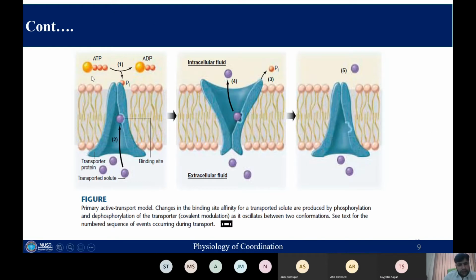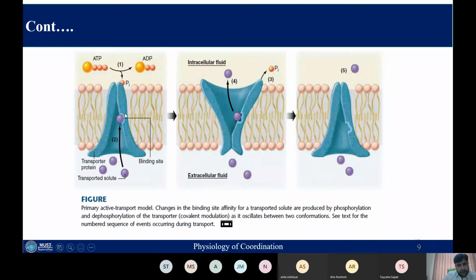Here you can see that in this process ATP is directly involved, and in the first step the ATP is hydrolyzed and converted into ADP plus inorganic phosphate. That inorganic phosphate will be added to the surface of the transporter protein, and hence phosphorylation will be accomplished.